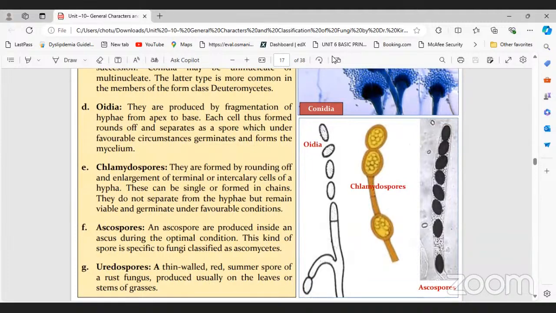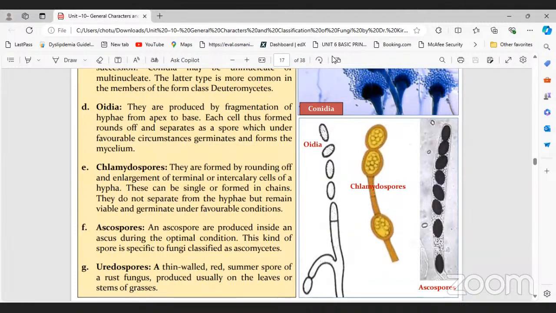The intermediate cells lose their contents entirely, and the thin lateral walls break to free the arthrospores. Some pieces of hyphal remains stay attached at both ends of the arthrospore. This is the oidia, or arthrospores. You can observe the picture.